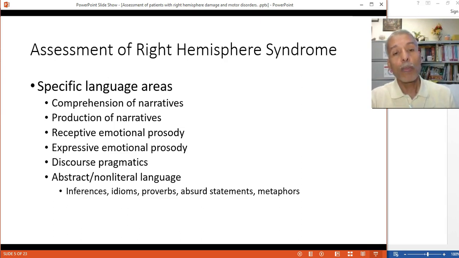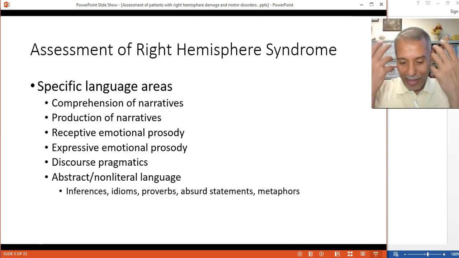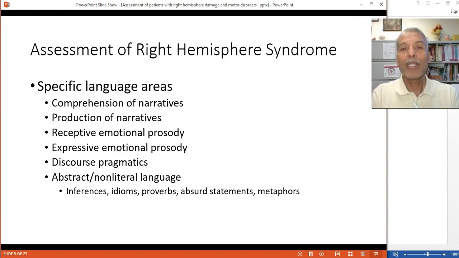Then, emotional prosody, 2 items here have to do with emotional prosody. Again, producing emotional prosody, as I explained, and understanding emotional prosody of others. So both of these areas are language areas because they are about communication. When you communicate, you do not just use words, you communicate with body language, and you communicate with linguistic forms as well.